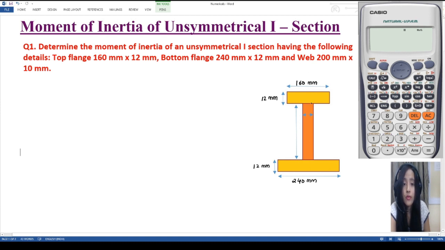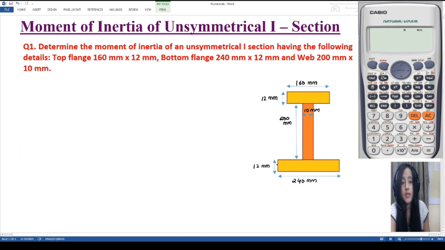The web, this orange section here, is given as 200 mm into 10 mm. So this 200 mm is clearly my depth, and its thickness is equal to 10 mm.